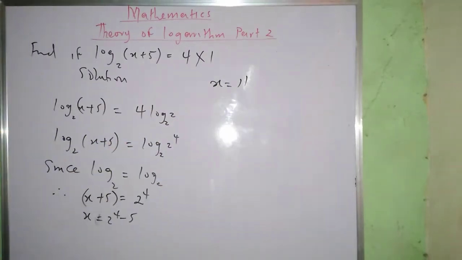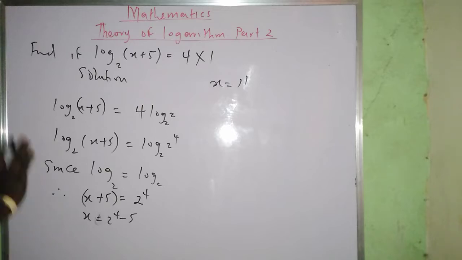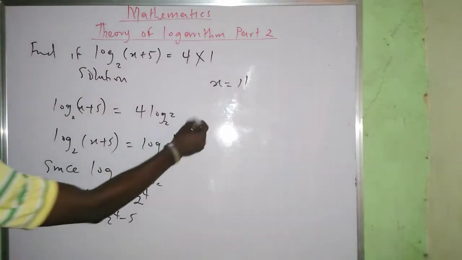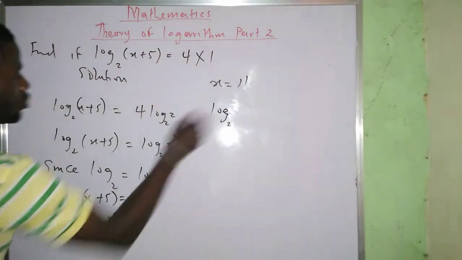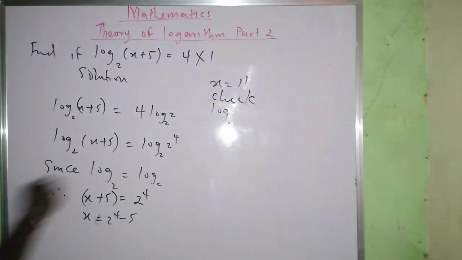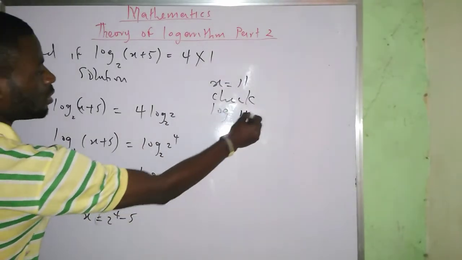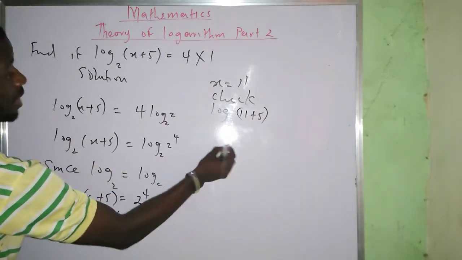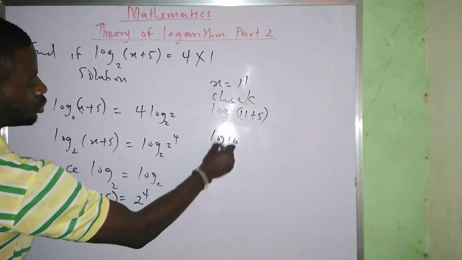Now, it will satisfy the equation if side A equals side B. How do I check that? If I have log 2 of (11 plus 5), this is going to be log of 16 to base 2.